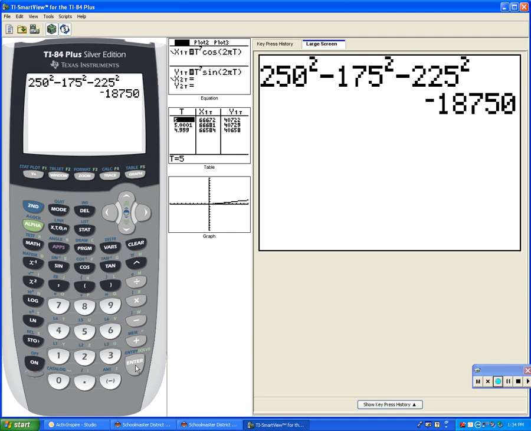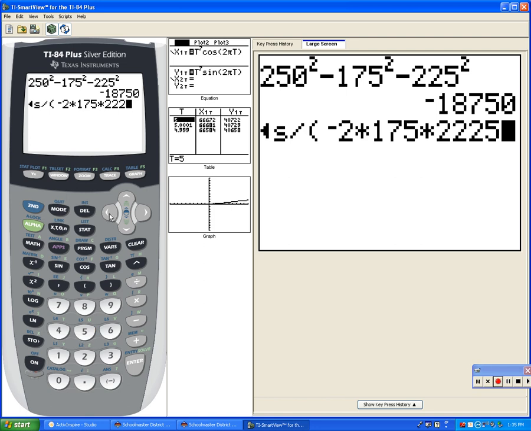And then I'm going to divide it by, and I have to be careful with this because I want to divide by the whole thing. When I divide this, I have to divide it in parentheses. So I'm going to take that answer and divide it by -2 times 175 times 225.